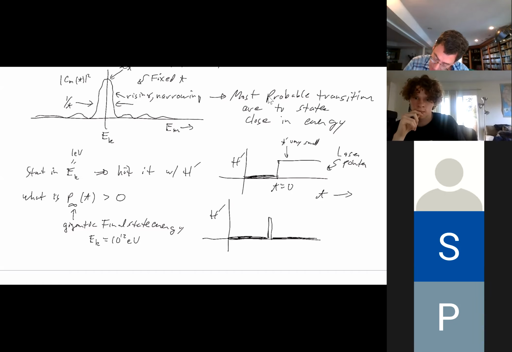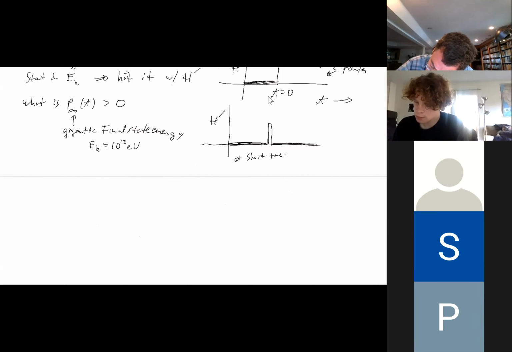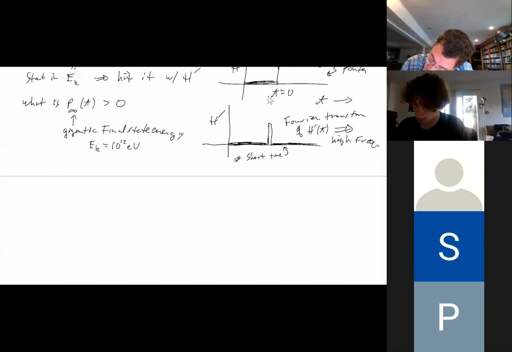At short time, that's my perturbation. And here's the trick: if I take the Fourier transform of h prime of t, then it has high frequency components.